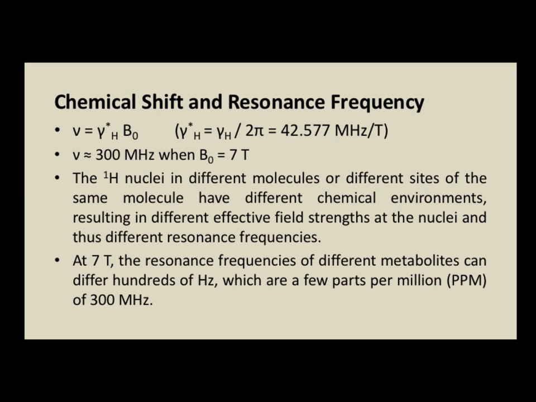At 7 Tesla, the resonance frequencies of different metabolites can differ by a few hundred hertz, which is a few parts per million of 300 megahertz.